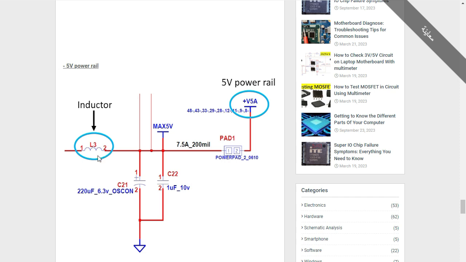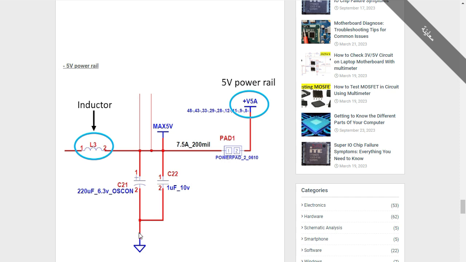So for example, if you get a short circuit here, and you check this inductor and you find a buzzer or a very low resistance using the multimeter between the inductor and the ground, what does it mean? It means this 5-volt power rail is connected to the ground, so we have a short circuit.